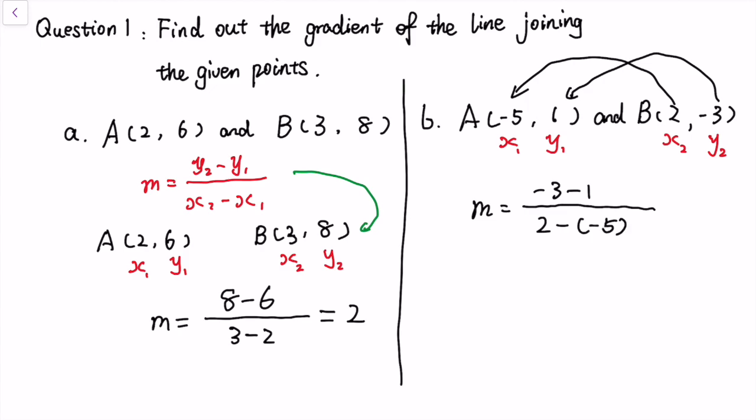The answer is -4/7. And that's the gradient.